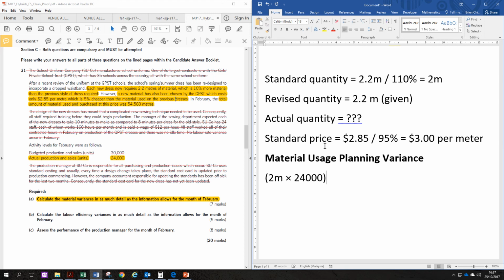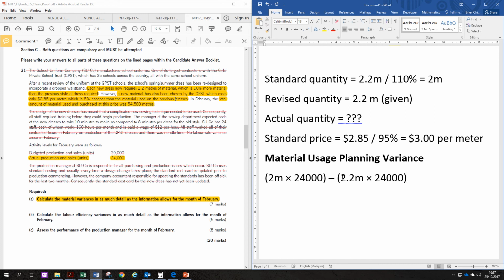Now, where did I get this number from? I got it from here. Actual production and sales is 24,000. We are going to take this and minus our revised quantity, which is 2.2 meters multiplied by 24,000.